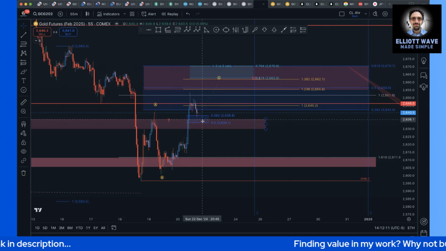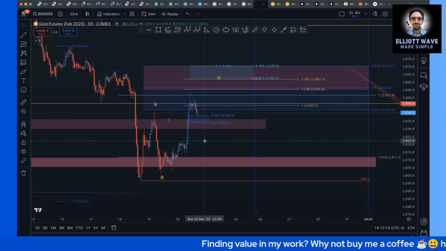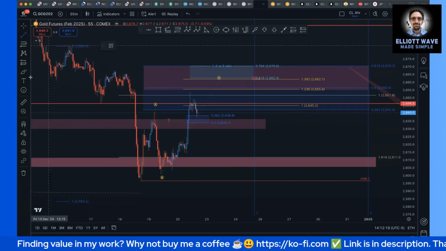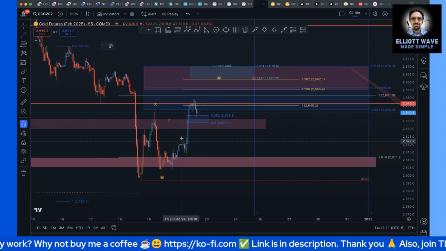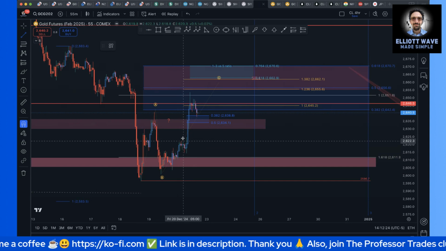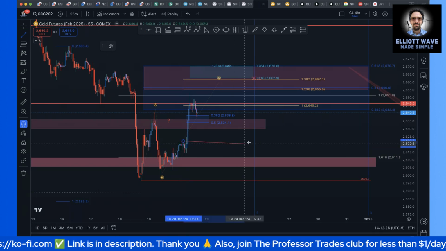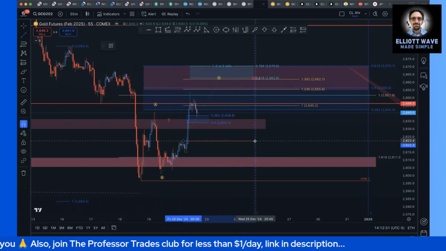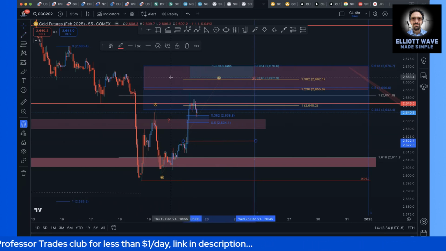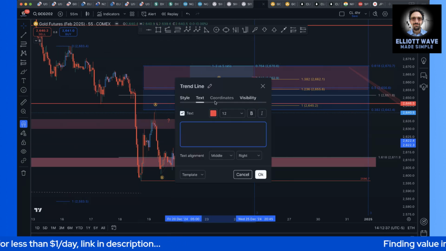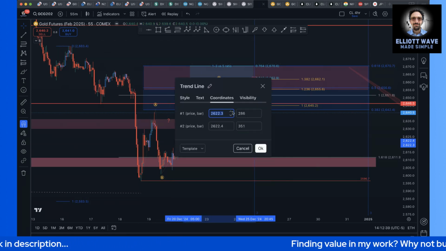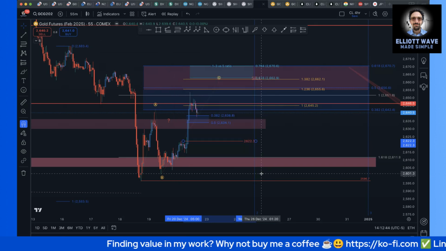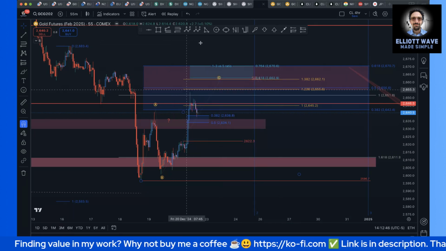So here, let me give you a more actionable parameter then. This would be a good clue right here, the top, this price right there, which is 26.2230. Below 26.2230 is a warning that it could be over and we're going down.